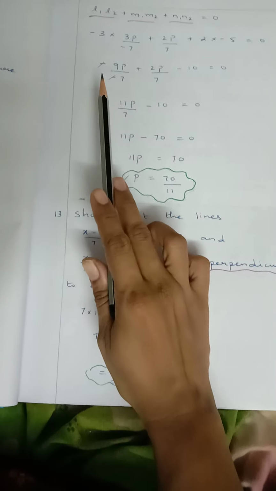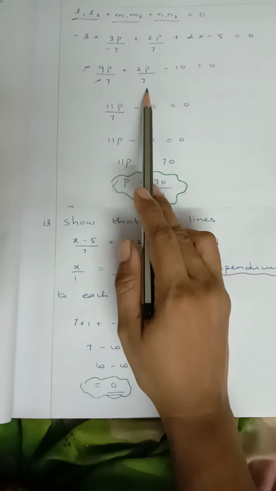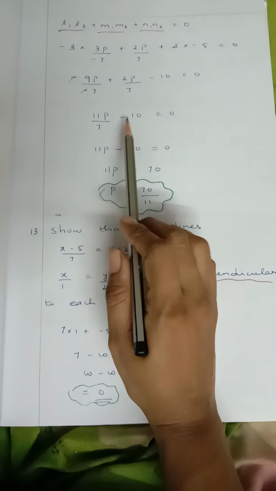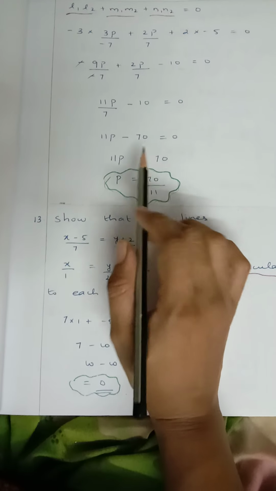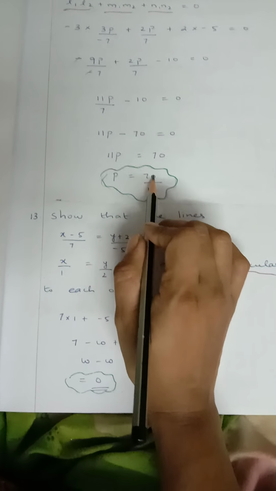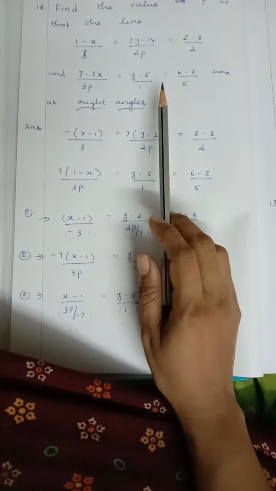So it will become 9p by 7, plus 2p by 7, minus 10 equal to 0, 11p by 7 minus 10 equal to 0, 11p minus 70 equal to 0, 11p equal to 70, p is equal to 70 by 11.